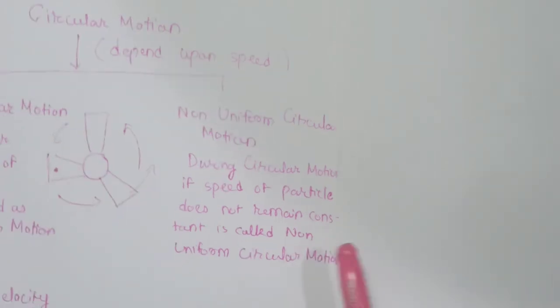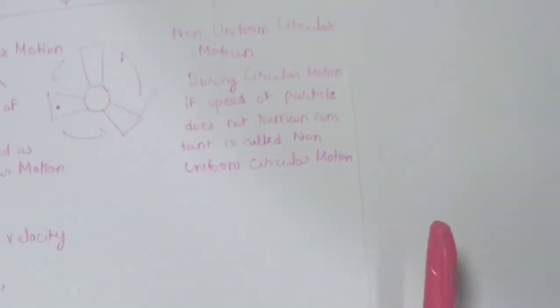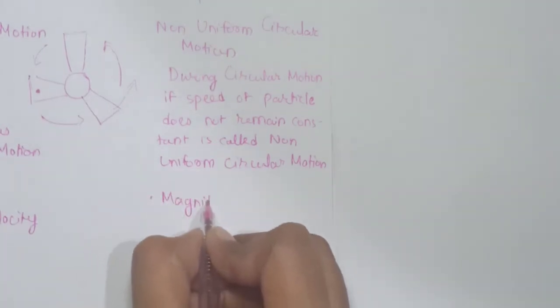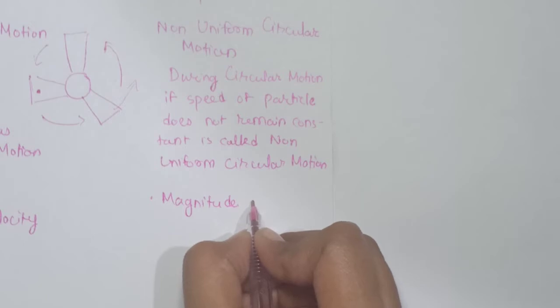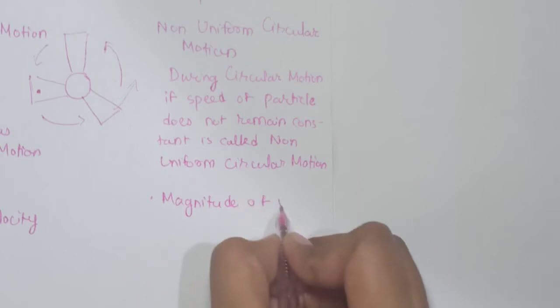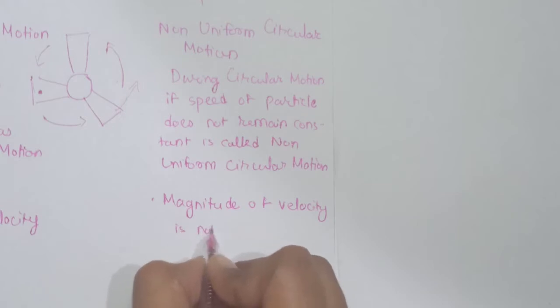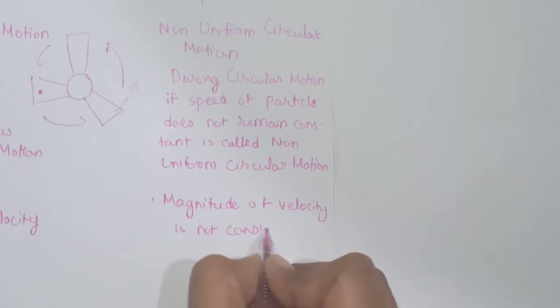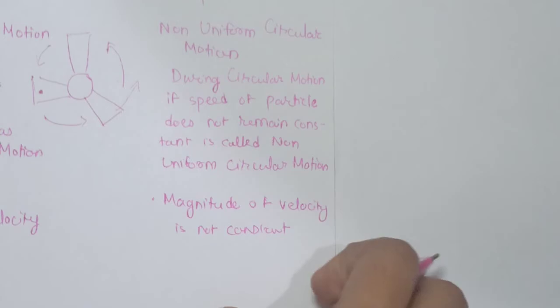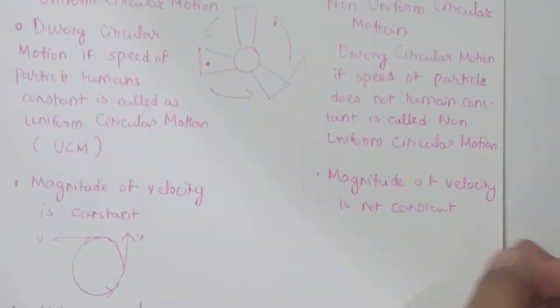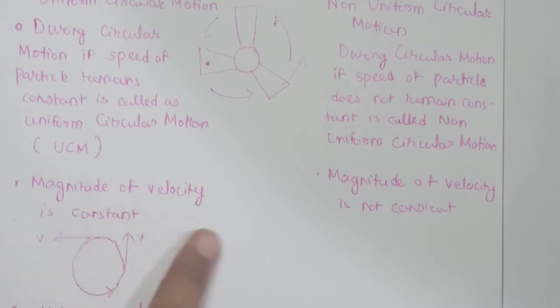So in this case, the magnitude of velocity will not be constant. As we have studied in uniform circular motion, the magnitude of velocity is constant.